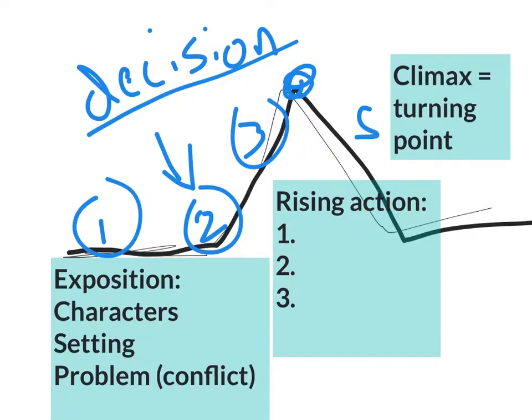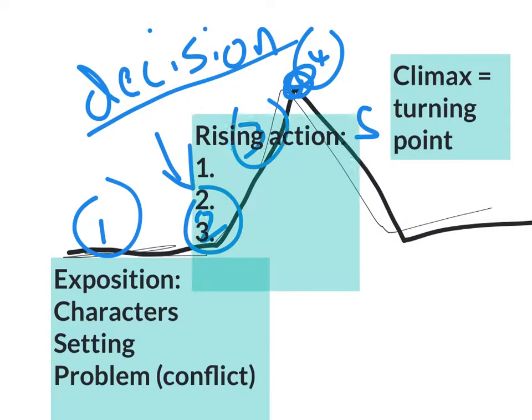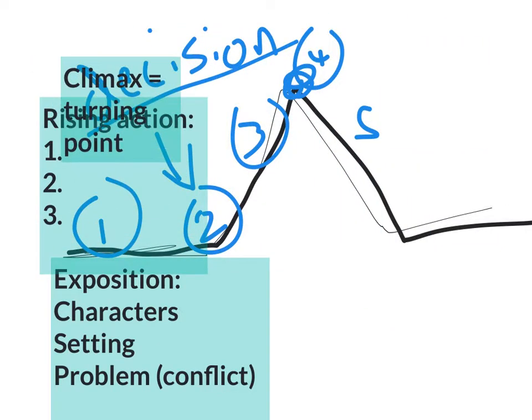So I just said the next part, the fifth part. Here is the falling action. 4 is climax. So falling action, wrapping the story up. Because if it ended at the climactic moment, we would feel disappointed. We want to know how the story ends. Is there a happily ever after?